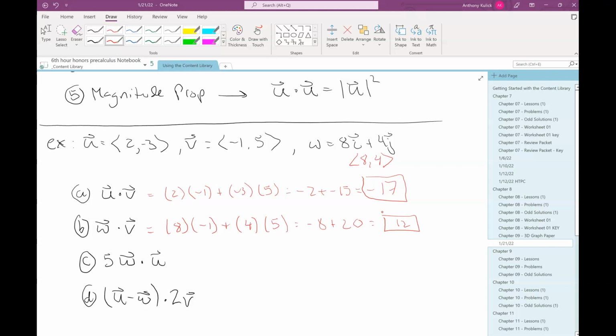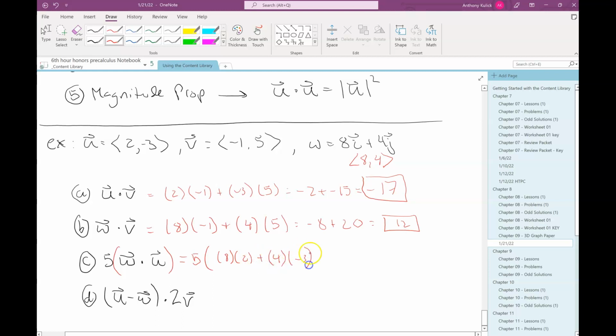Okay. The next one I have 5w dot u. According to that scalar associative property, I can do that 5 whenever I want. That's the order that I'm going to choose to do it. So I'm going to have 5 times w1 times u1 plus w2 times u2.